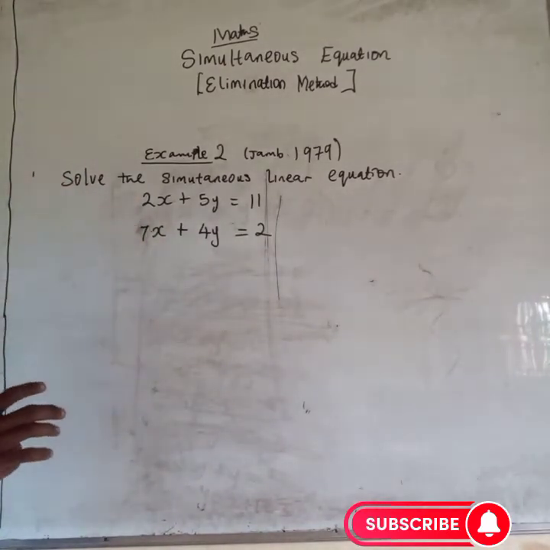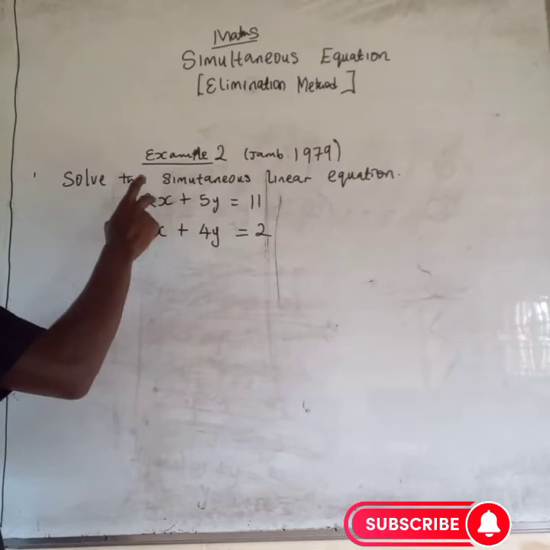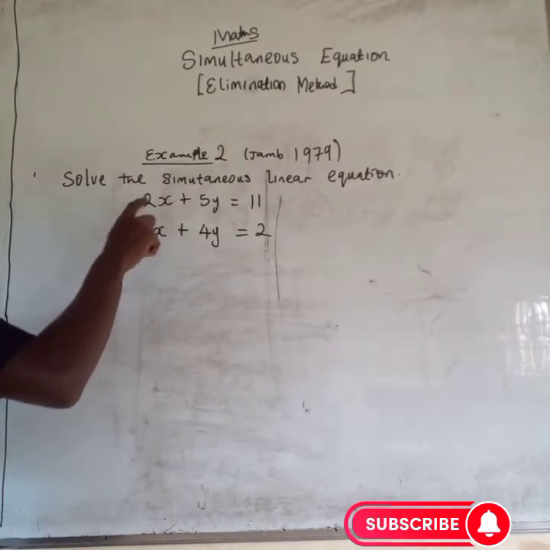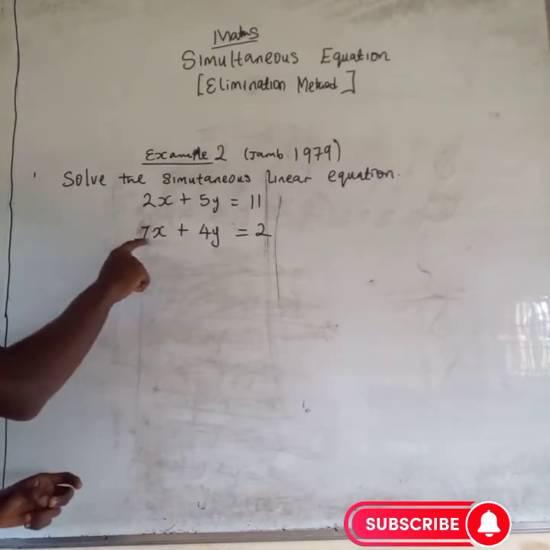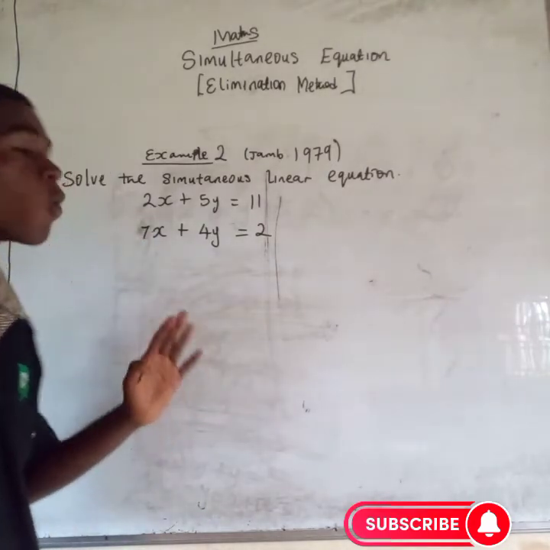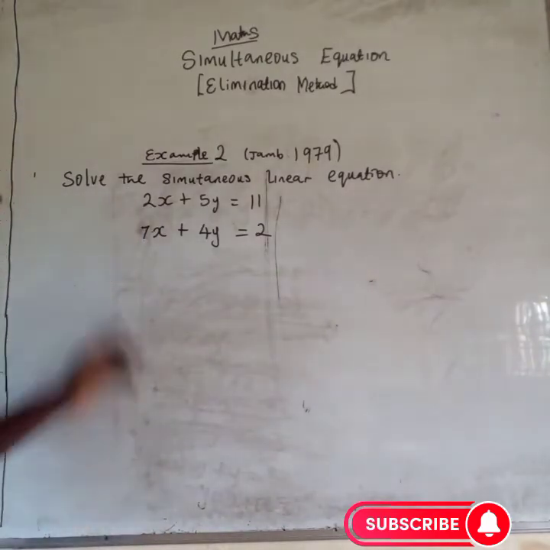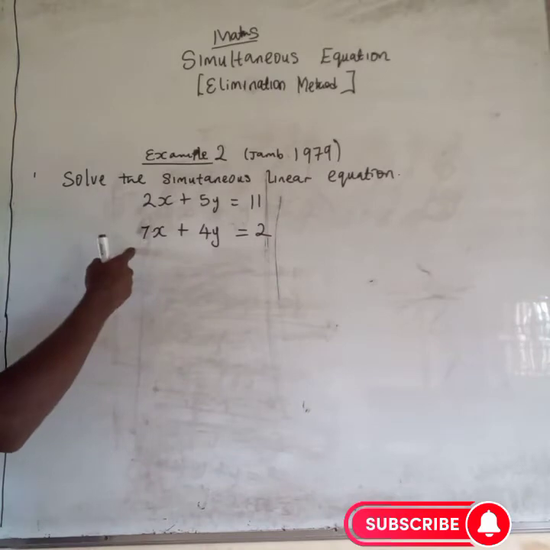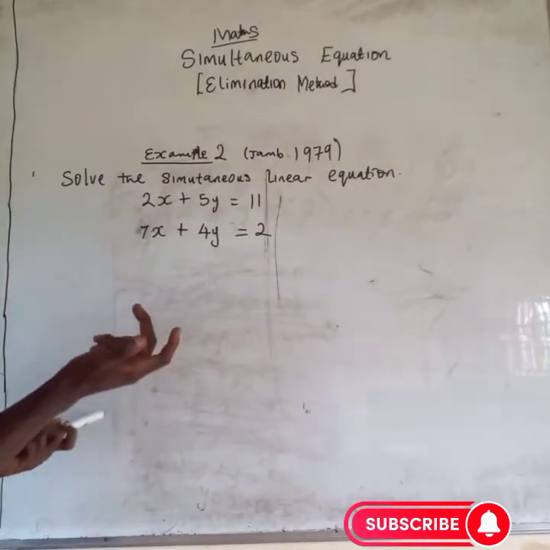cross multiplication of coefficients. What does it mean? I will need to multiply equation 2 by the coefficient of equation 1, and I multiply equation 1 by the coefficient of equation 2. This is only necessary where we have odd and even numbers. Take note, when we have odd and even numbers, we do cross multiplication, right?